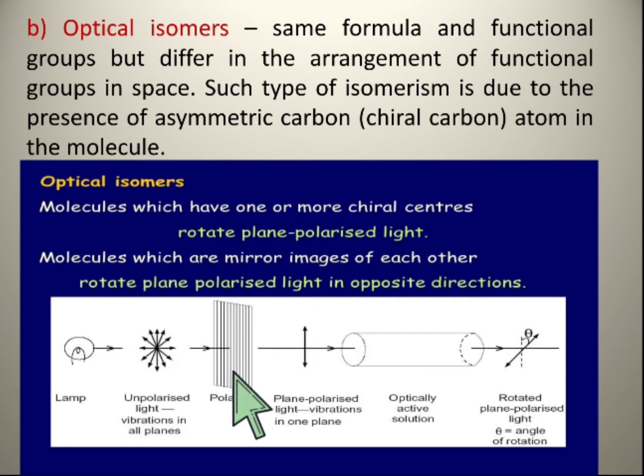Now, for example, you can see here when a beam of light is passed through a solution, this is a beam of light, and this unpolarized light vibrates in all directions, in all planes.